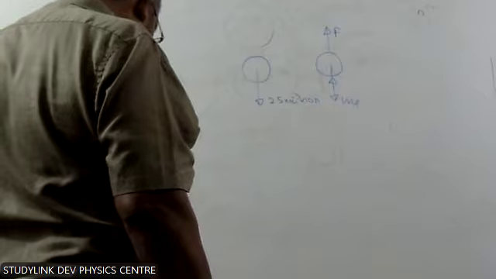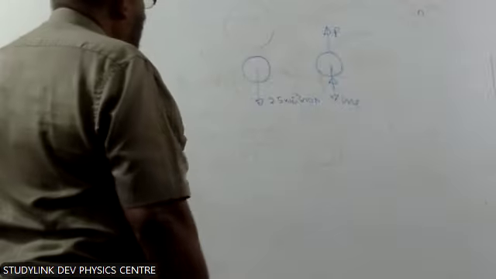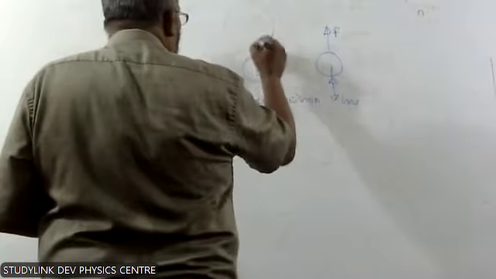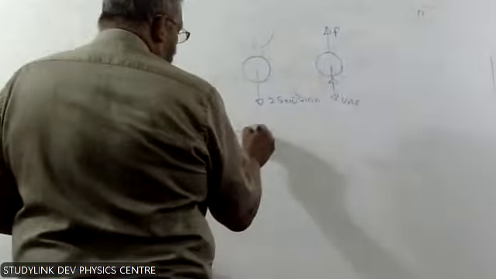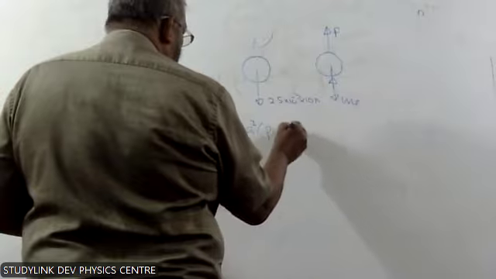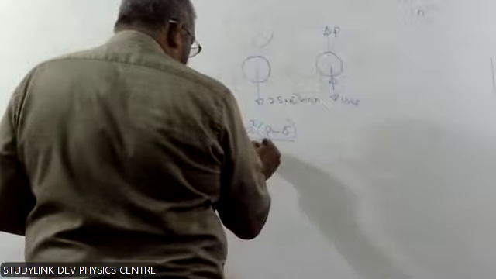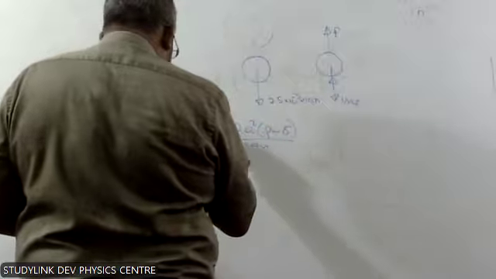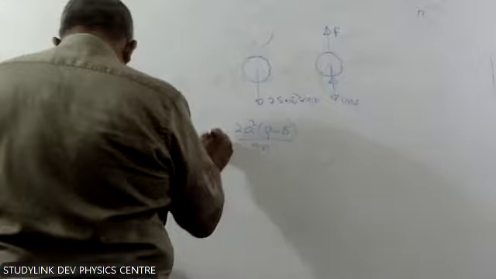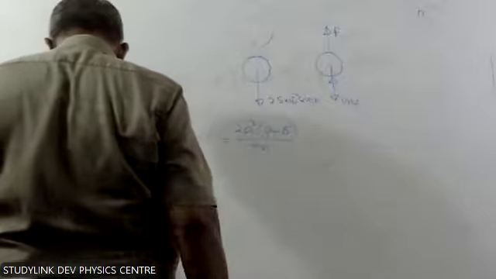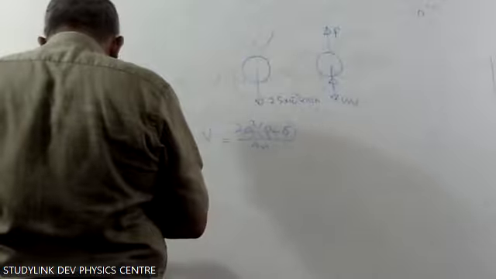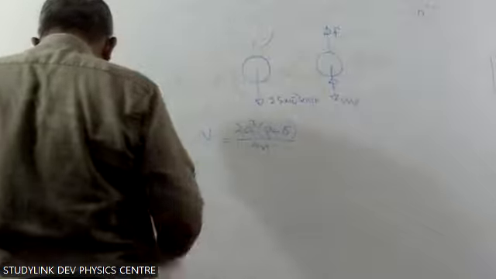This is actually a 1988 question. So what you have to do is prove the equation 2a squared (rho minus sigma) over 9 eta, which is equal to the terminal velocity. But they are not asking that. They are asking the acceleration, its velocity is 0.1.